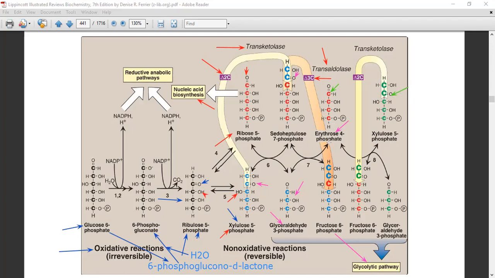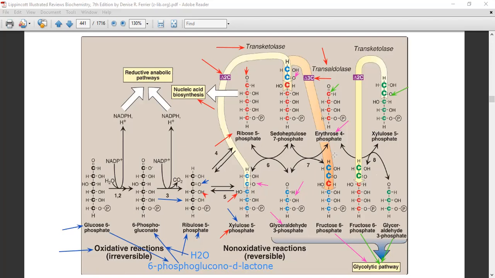We will form another 6 carbon compound, another fructose 6-phosphate. Then after removal of 2 carbon units from xylulose 5-phosphate, we remain with 5 minus 2, 3. A 3 carbon compound known as glyceraldehyde 3-phosphate, which will also enter the glycolytic pathway.